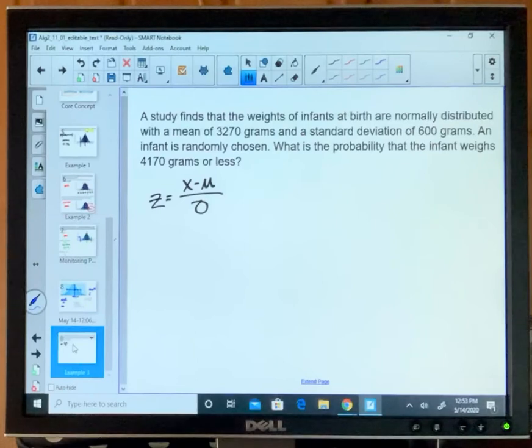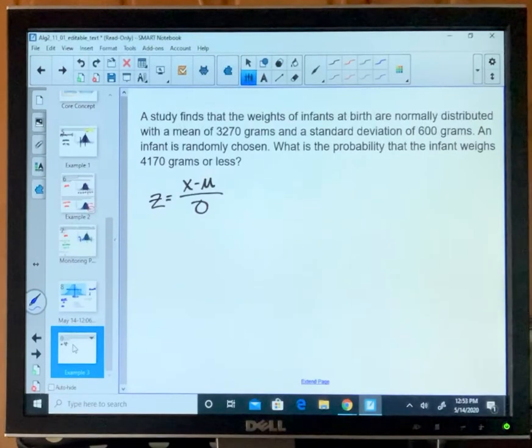All right, so the study finds that the weights of infants at birth are normally distributed. The mean is 3,270 grams, and the standard deviation is 600 grams, and an infant is randomly chosen. What is the probability that the infant weighs 4,170 grams or less?